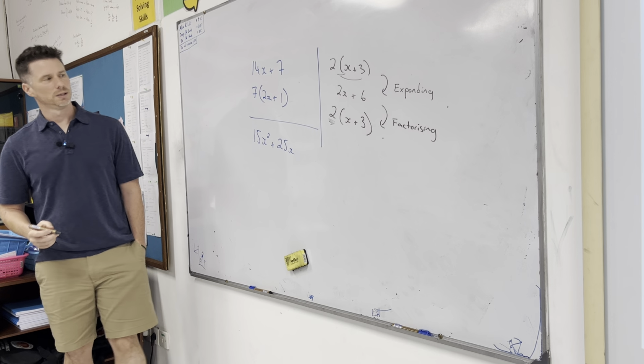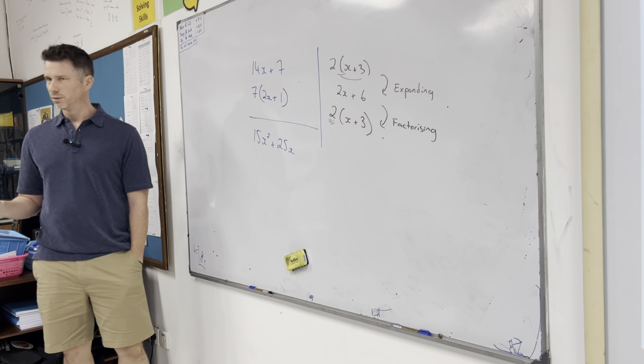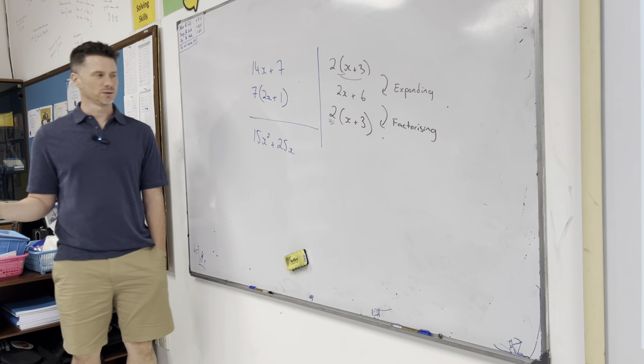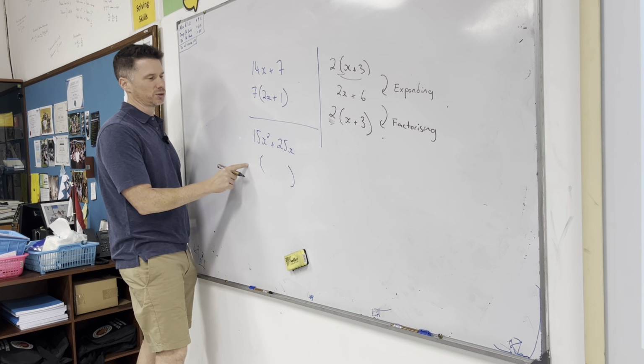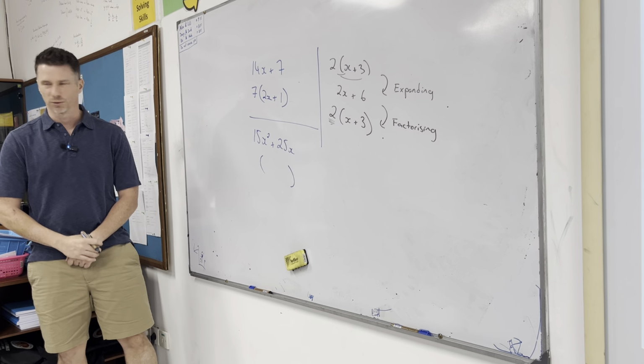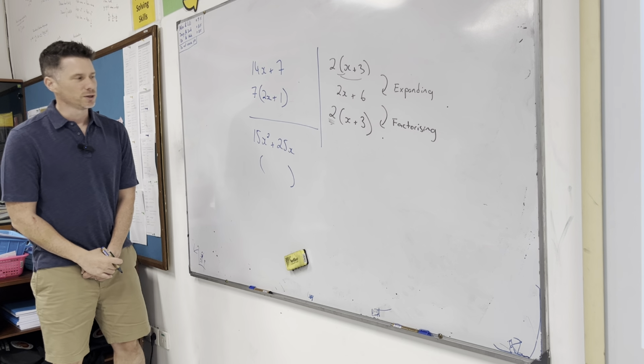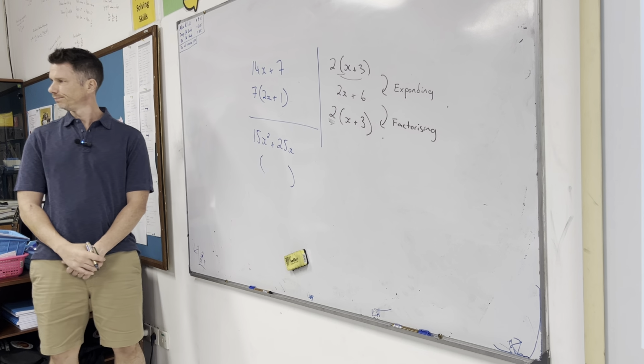The first thing I'm going to do, if I think there's a common factor, is put a bracket, because I know that the highest common factor is going to go outside here. What's the highest common factor of both? 5. Is 5 the only thing that would divide into both?